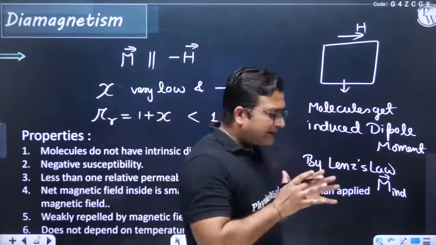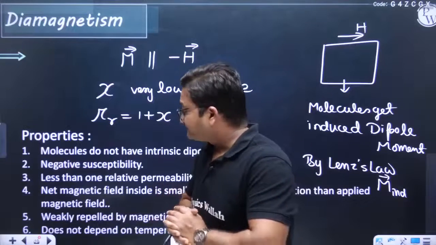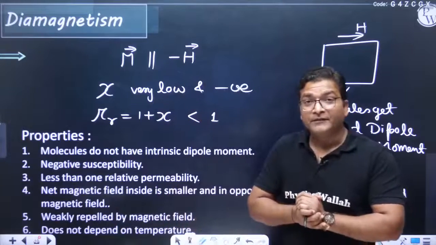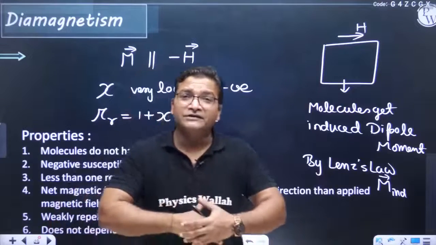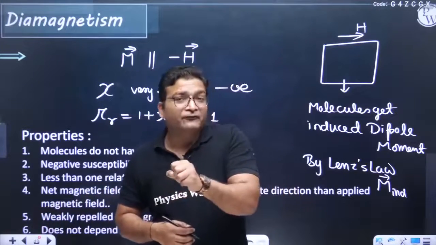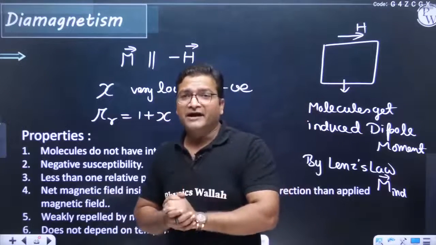So diamagnetic substances, when placed near a magnetic field, because of the negative magnetization, feel a weak repulsion from the regions of high magnetic field.